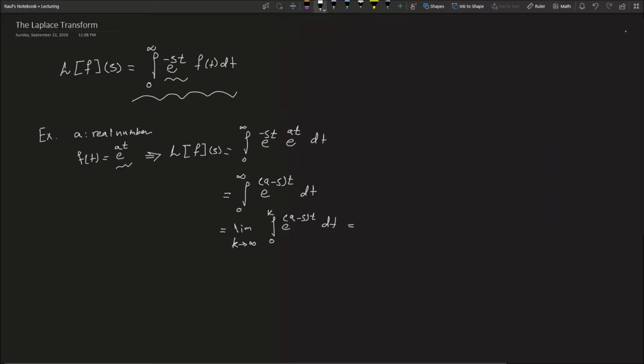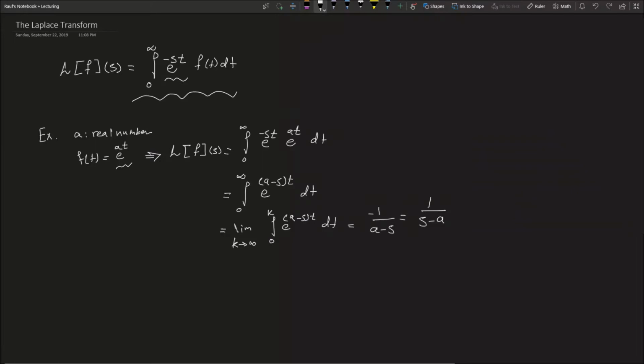Solving this limit and this integration will give you minus 1 over (a minus s), which equals 1 over (s minus a).